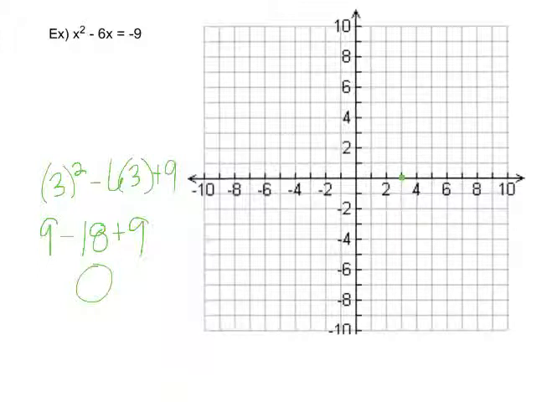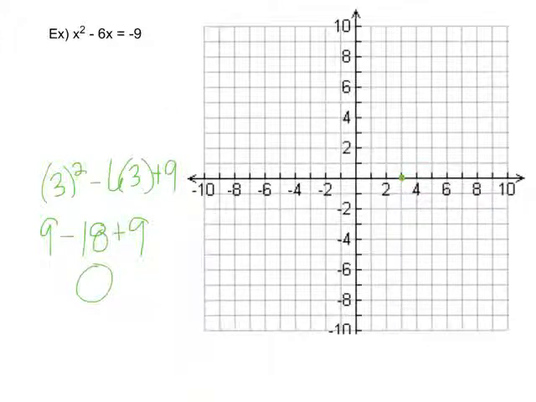And I know right away that my parabola is going to go upwards because I have a positive a. However, I also recognize that my vertex is on my x-axis.